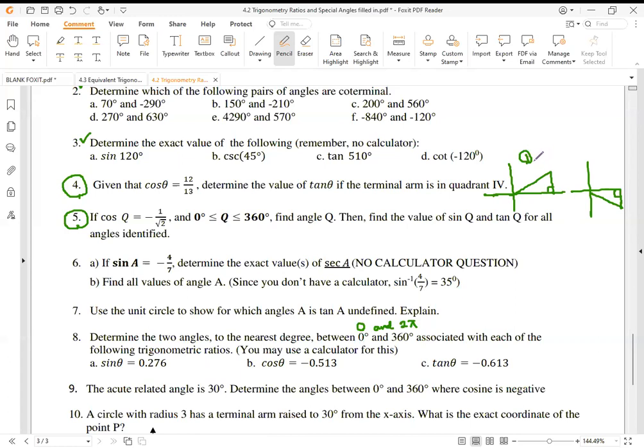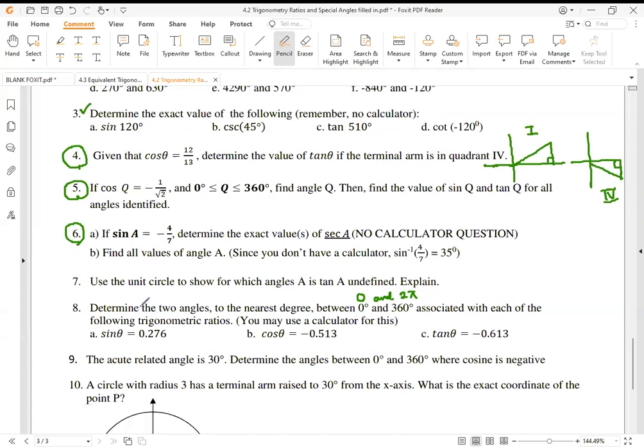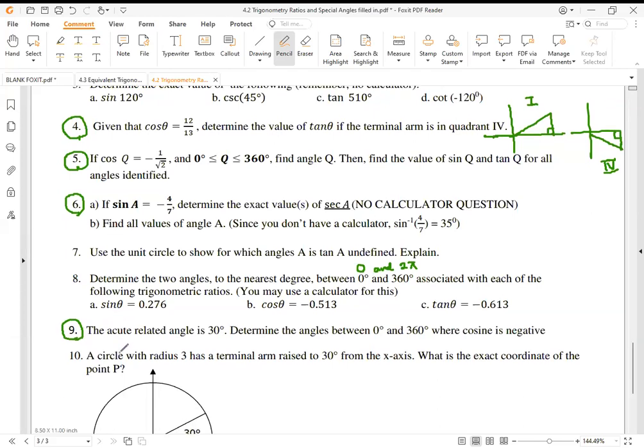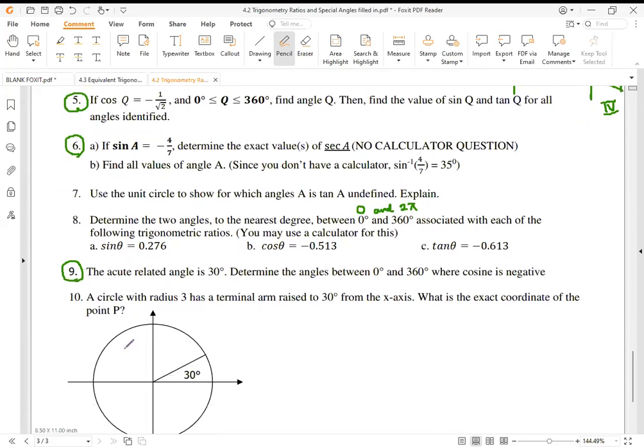This is quadrant 1 versus quadrant 4. Question 6 is pretty challenging. Number 9 forces you to really look at the CAST rule. Number 10 is pretty decent too. Just try as much as you can. Bottom line.